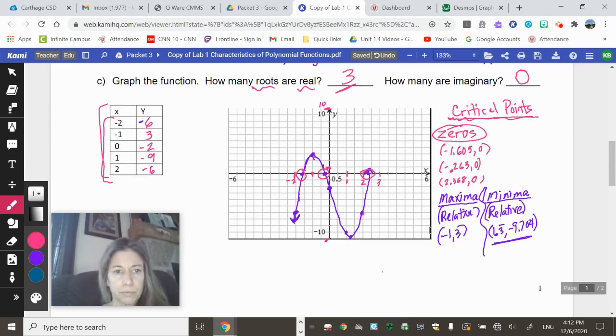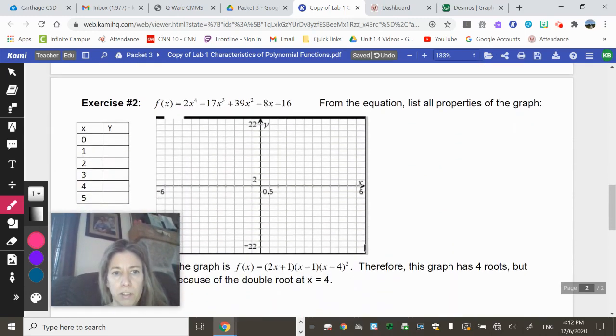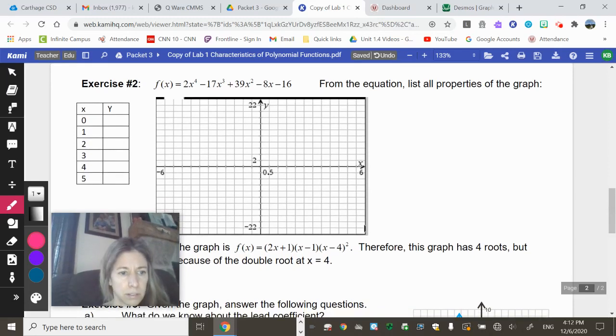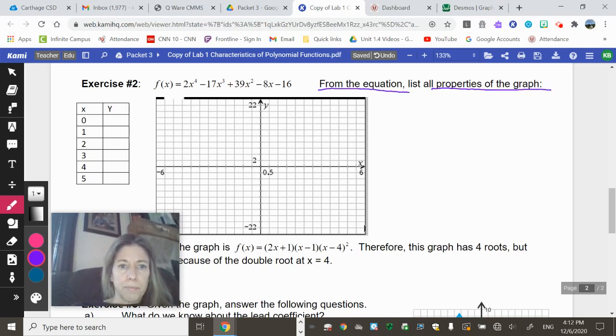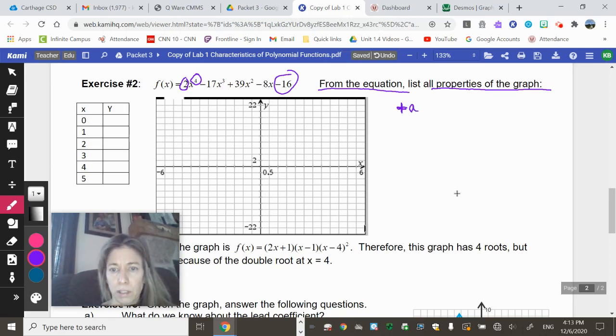All right, so there's another one of these graphs to practice. And again, just from looking at the equation, we can tell some properties. First of all, we have a positive lead coefficient, we have a degree of 4, and we have the y-intercept. So since we have a positive a value, because that's a positive 2 is our lead coefficient, we know the right tail is going to be going up.